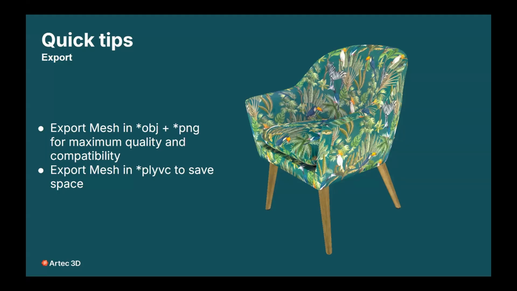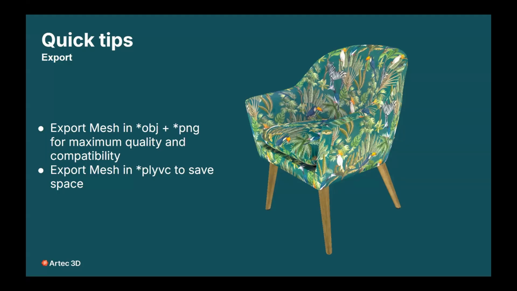It's one of the most popular formats, so it will generate an OBJ file, a PNG texture atlas, and an MTL file with the material properties. But it takes quite some space. So you could export your mesh in PLYVC to save a lot of space. But keep in mind that this format is not that widely acceptable.